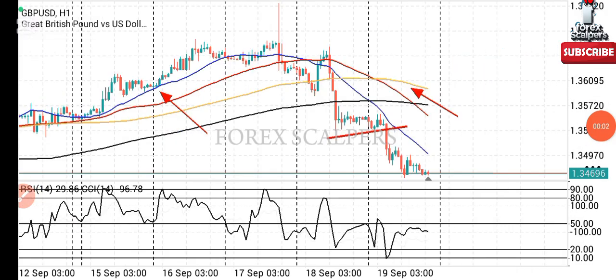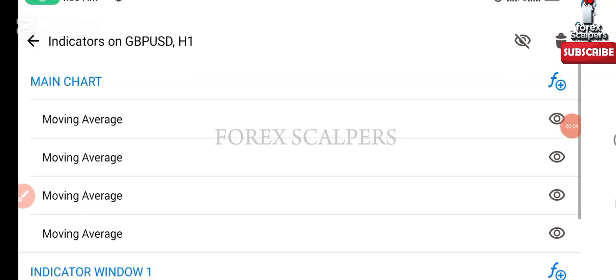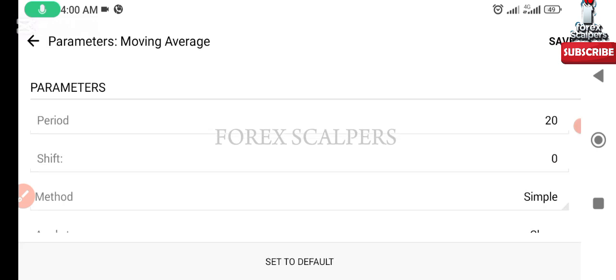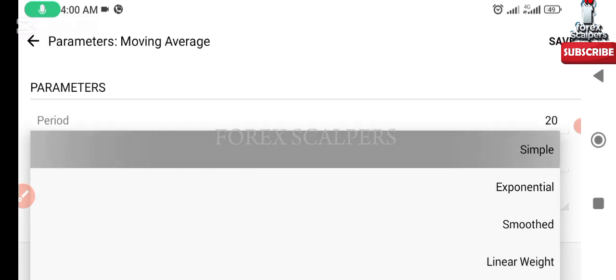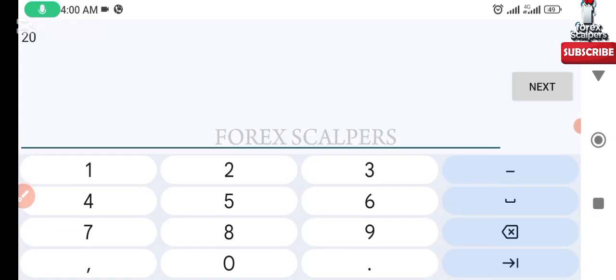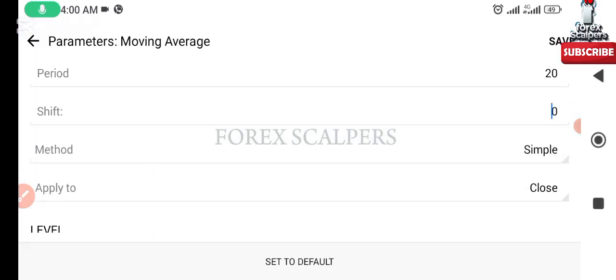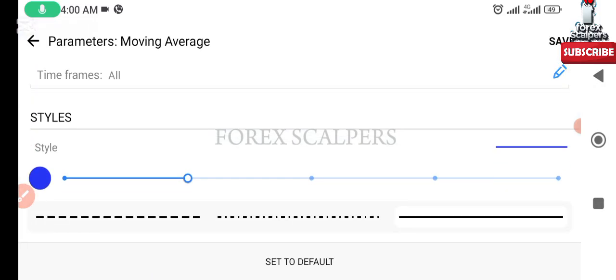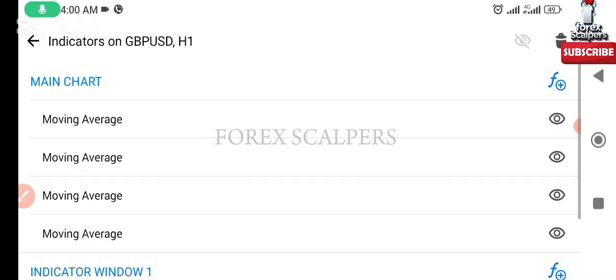Here is the indicator setup for this strategy. The first indicator is our moving average. The period is 20, shift is 0, and the method is simple. You apply it to close. The color is blue.